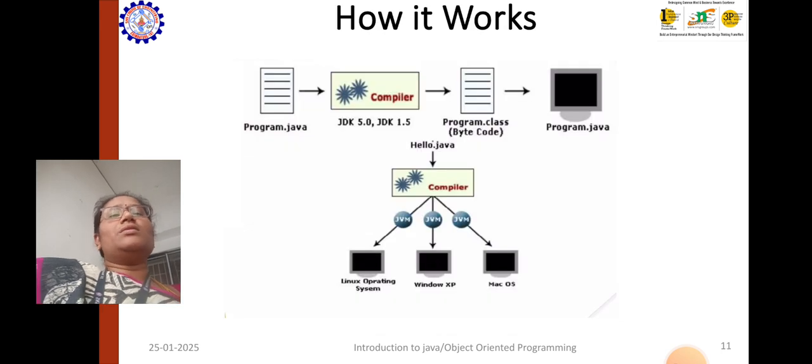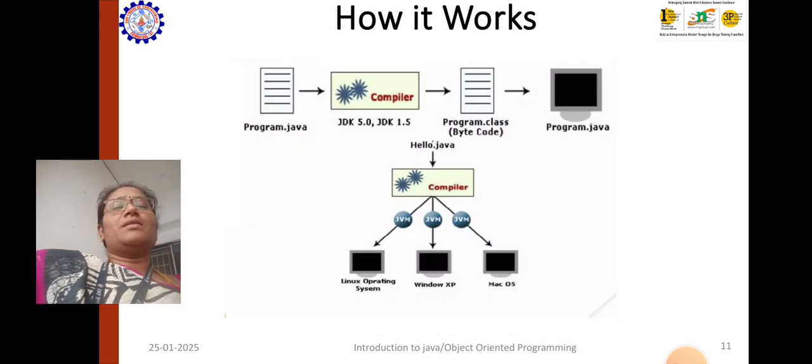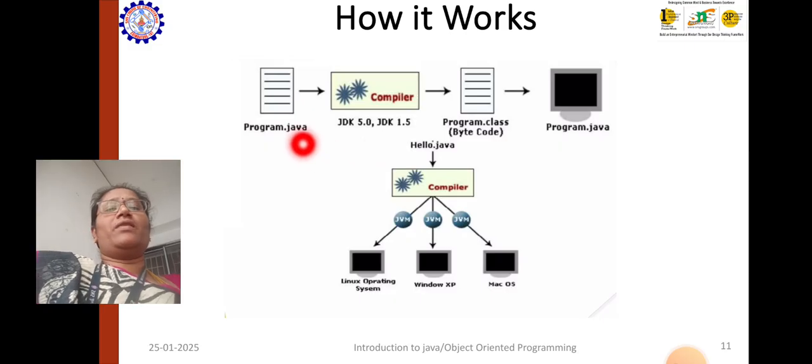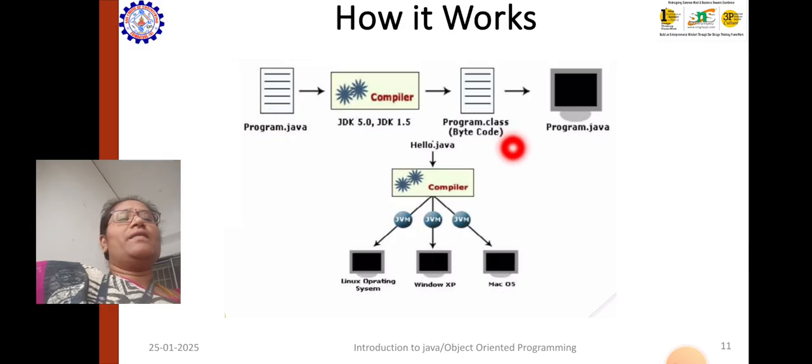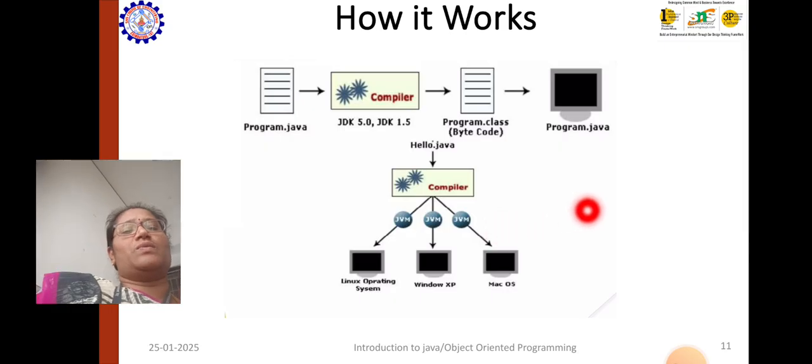How this actually works: the Java file is given to the JDK, and it is converted into a .class file. Then it is given to the Java Virtual Machine.